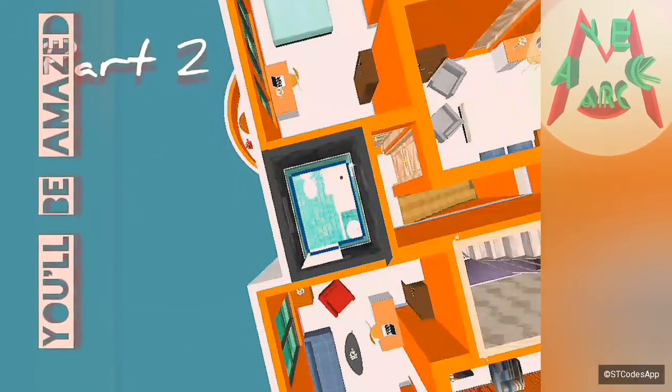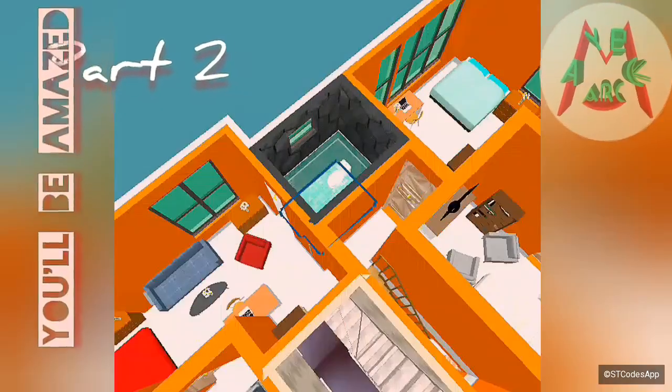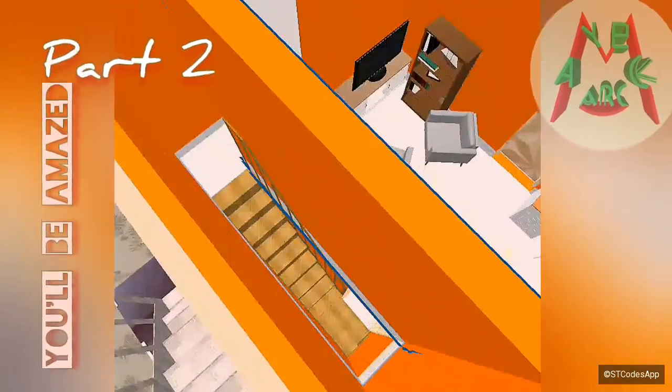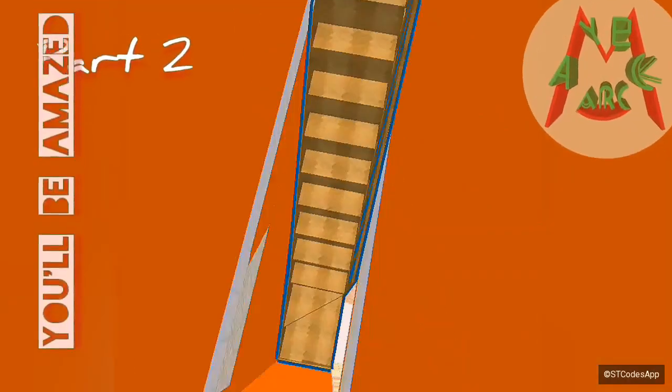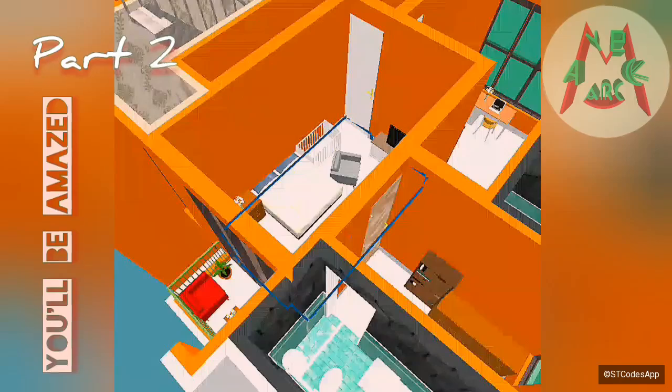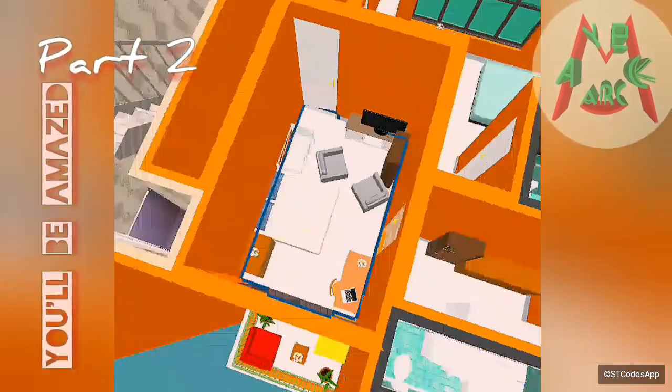So at this side, after that, the staircase takes us to this house, and we find this is our third floor.